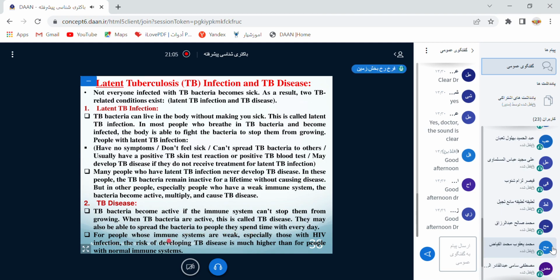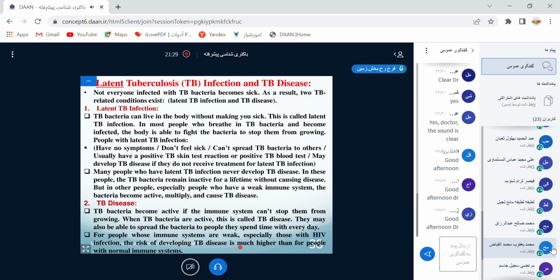For people whose immune systems are weak, especially those with HIV, human immunodeficiency virus, the risk of developing TB disease is much higher than the people with normal immune systems.